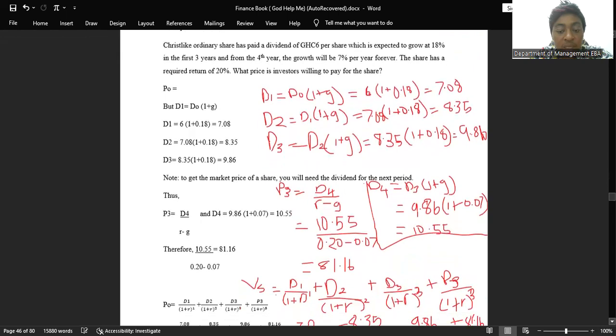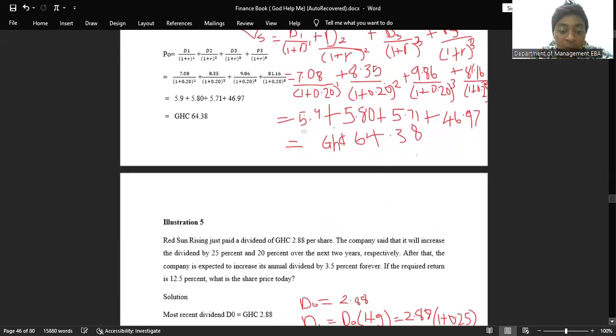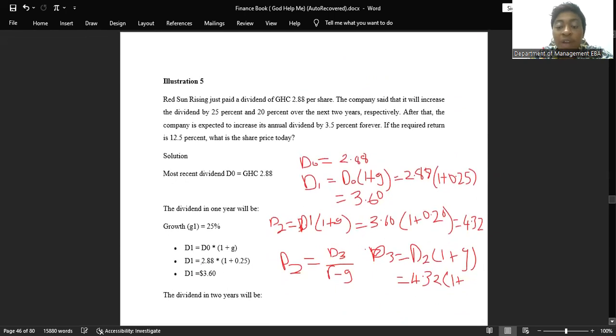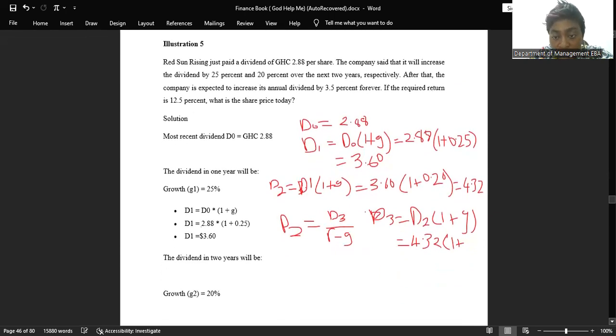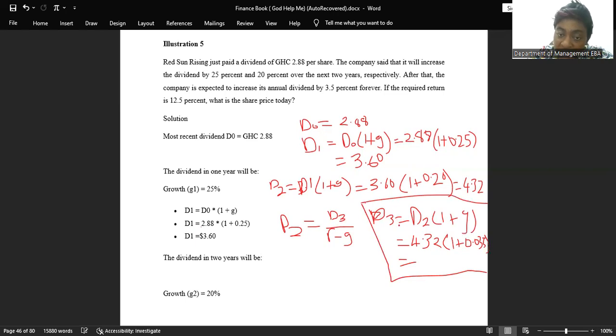In the question, the growth forever was 3.5%, that is 0.035.